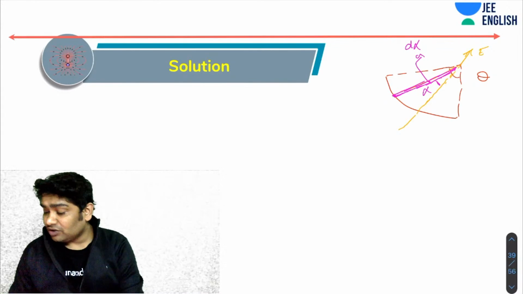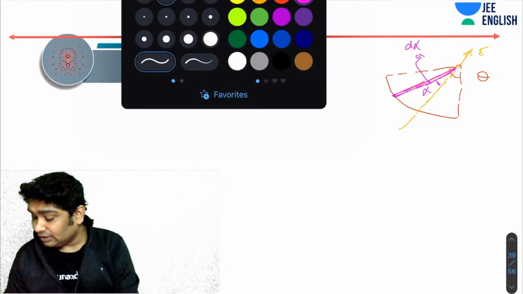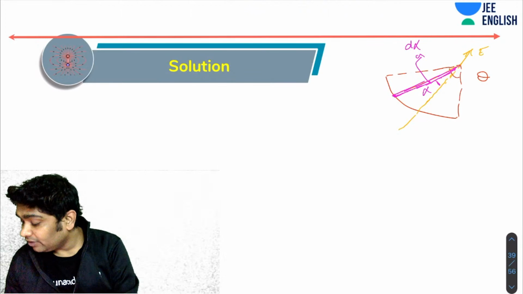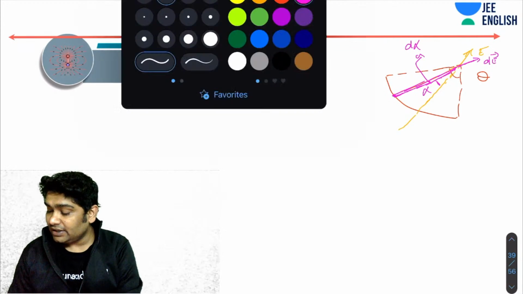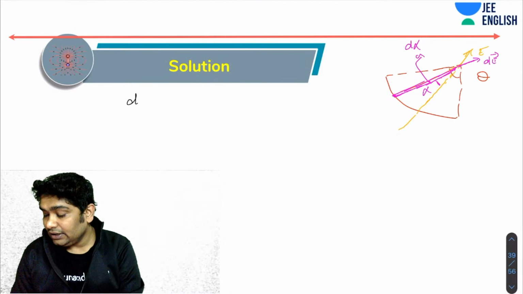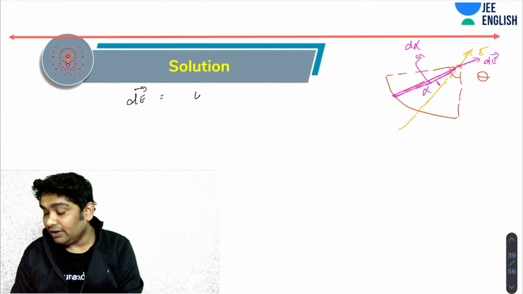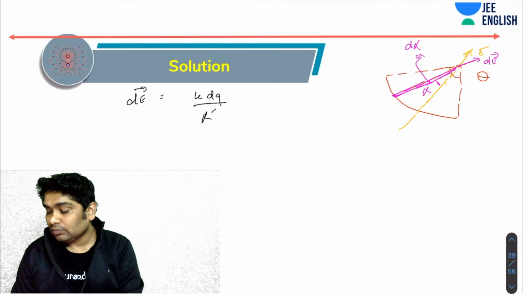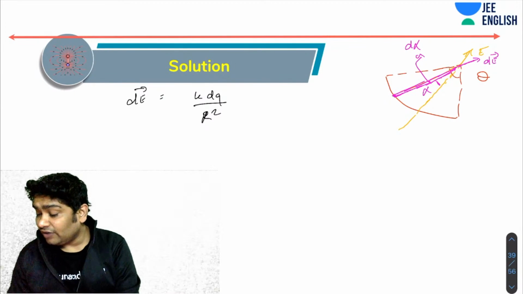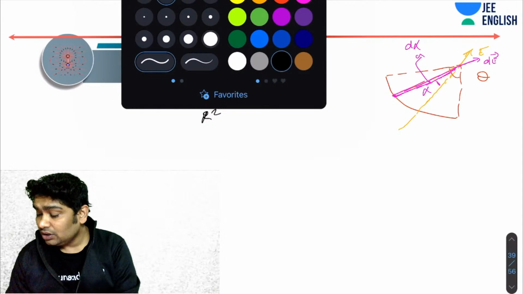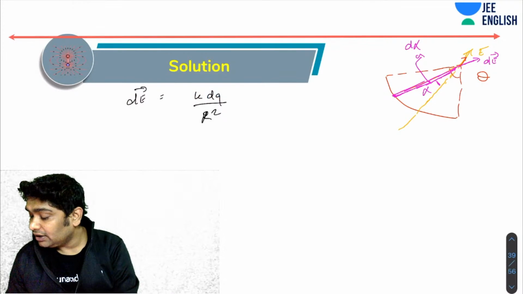So you realize because of this, the dE vector would have been like this. So what I can say is dE would have been equal to k dq over r square. Okay. So now this dE vector would have had two components, one in this direction and another in this direction.